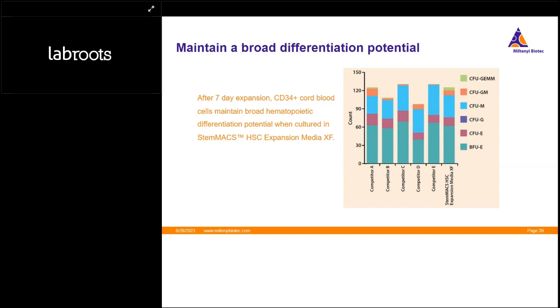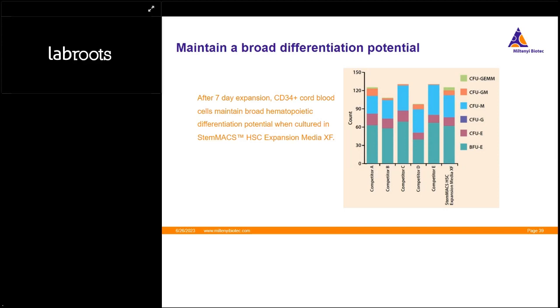But basically over here, what I hope to quickly show you is that we, again, examine our expansion media settings and compare that with all the other major vendors in the market, looking at the colony forming units from different CFUs.